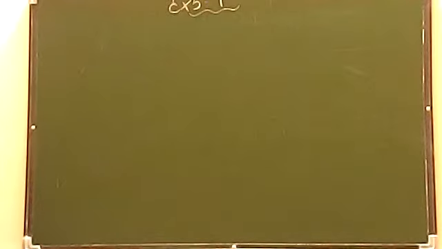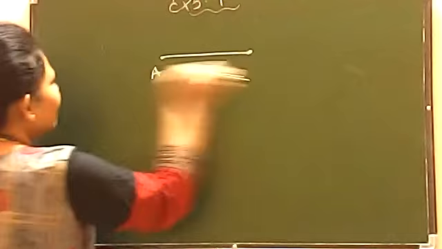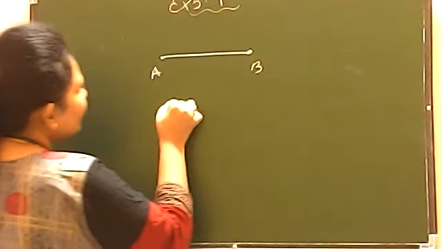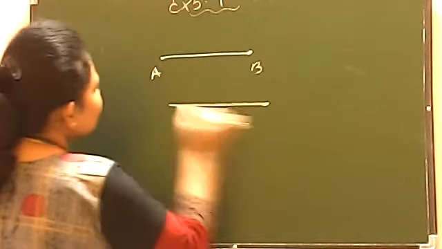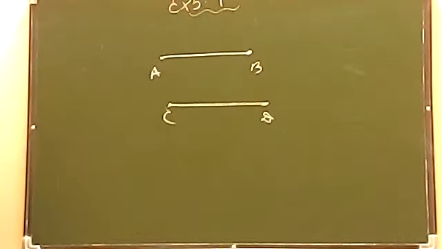Suppose I write down line AB, and another one which I am drawing as CD. If I tell you to compare by observation only, you will say, ma'am, both are equal. But I am telling you they are not equal.